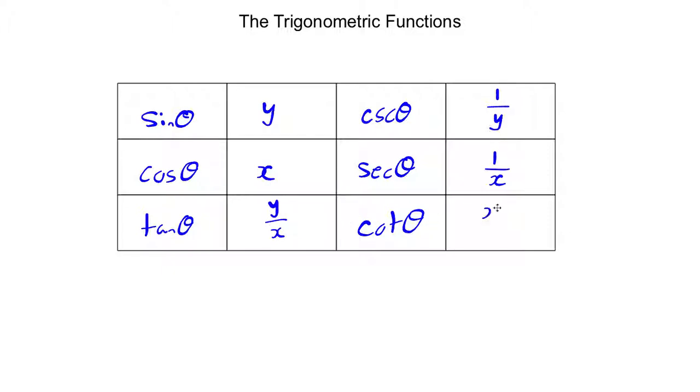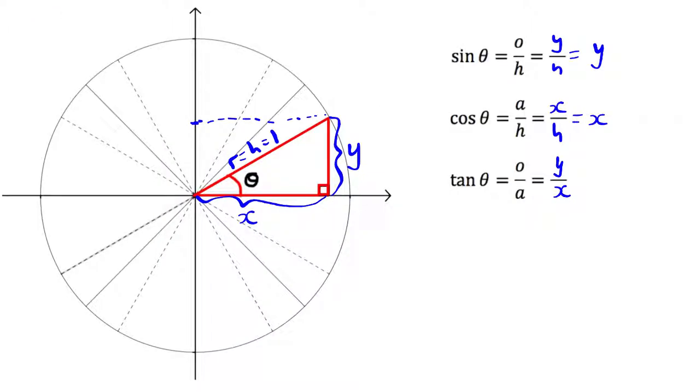Cotangent would be the reciprocal, which would be x over y. So these are our new definitions for the trig functions. That SOHCAHTOA stuff is when you have just a basic triangle. But when we're dealing with the unit circle, we look at sine to be y, cosine to be x, and tangent to be the quotient between the two, y divided by x.